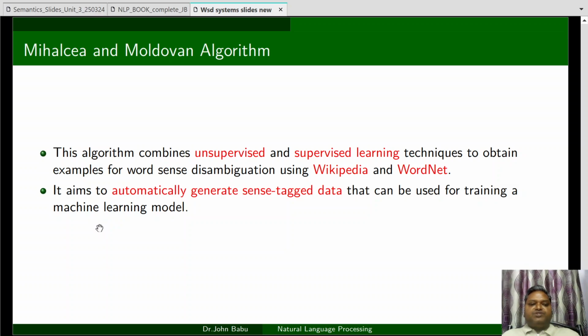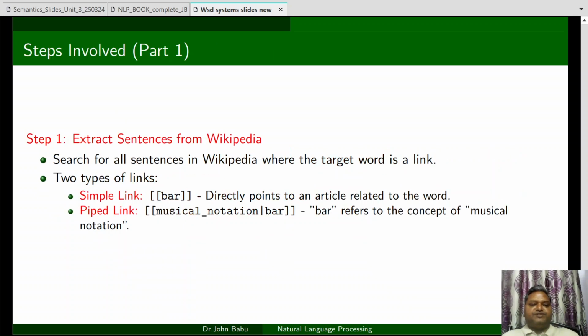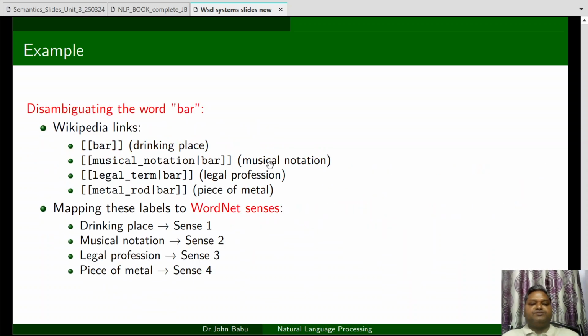The aim of this algorithm is to automatically generate sense-tagged data instead of manually annotated data. The first step is to search all sentences in Wikipedia where the target word is a link. For example, here we are talking about the word bar. Bar may have different senses.